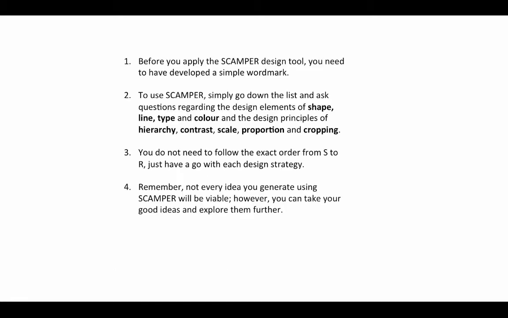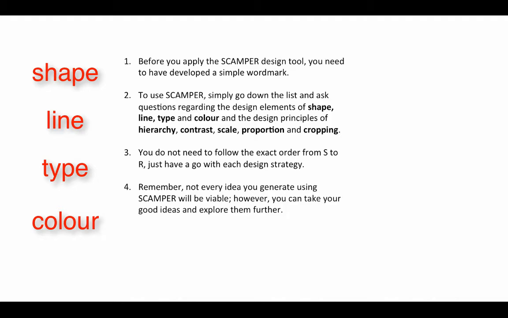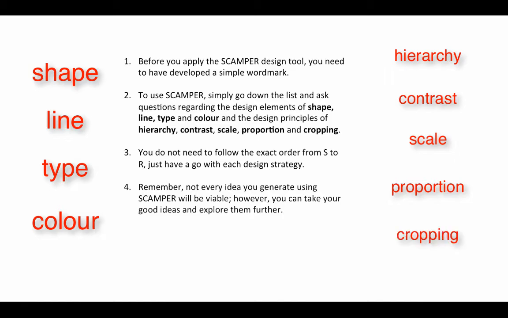Before you begin, you need to have already created a word mark of some kind. So to use Scamper, simply go down the list and ask questions regarding the design elements of shape, line, type, and color, and the design principles of hierarchy, contrast, scale, proportion, and cropping.